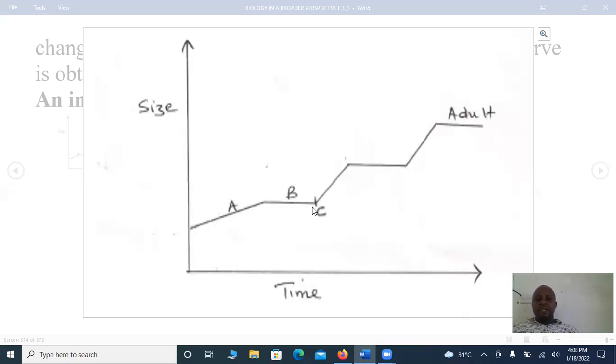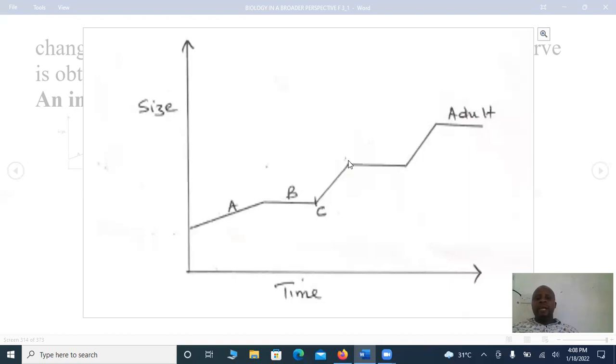At point C, molting occurs. Molting refers to the shedding off of the exoskeleton. So when the exoskeleton is shed off, it gives room for the organism to start expanding again, hence allowing rapid growth at this point.